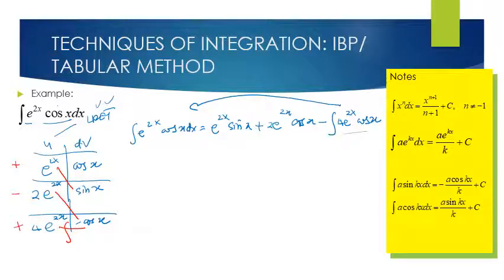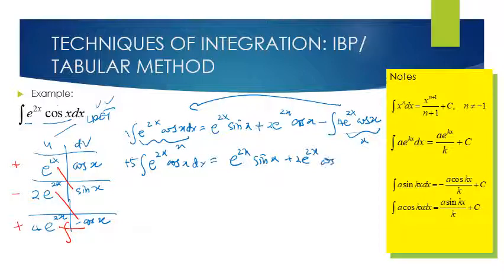Since this one is 1 and this is negative 4, we bring this to the right side, we will have 1 minus 4 equal to... 1 minus 4, so that means we will have plus 1 plus 4, equal to plus 5 e^(2x) cos x dx, because we assume that this one is x, so this one is x. Equal to e^(2x) sin x plus 2 e^(2x) cos x.